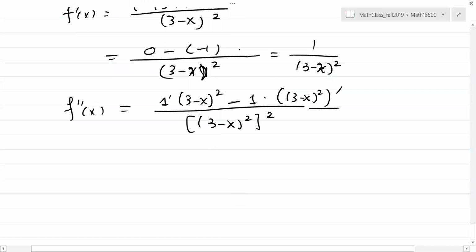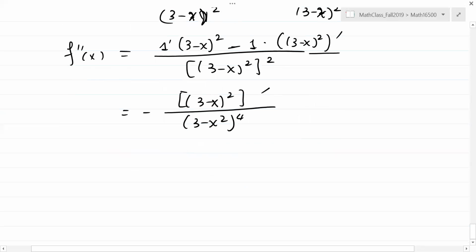All right, how can I do this? 3 minus x squared, we cannot use the implicit differentiation here. So we have to multiply this out. It's going to be 9 minus 6x plus x squared. So when you differentiate, you get 0 minus 6 plus 2x.